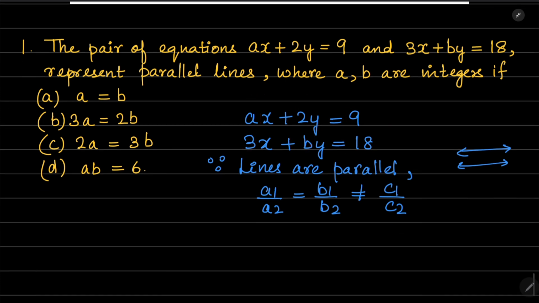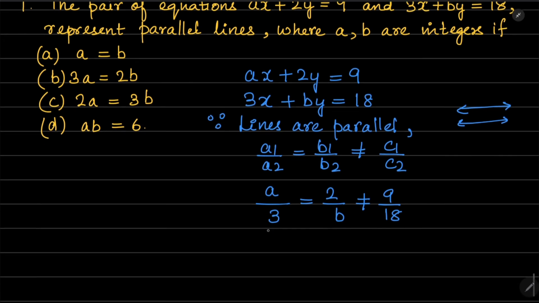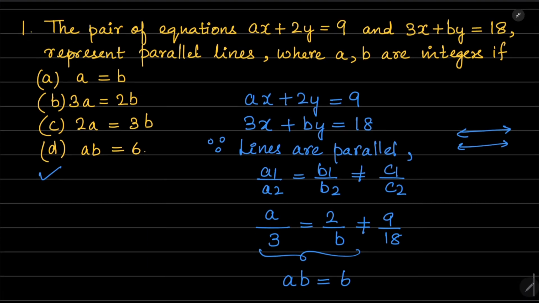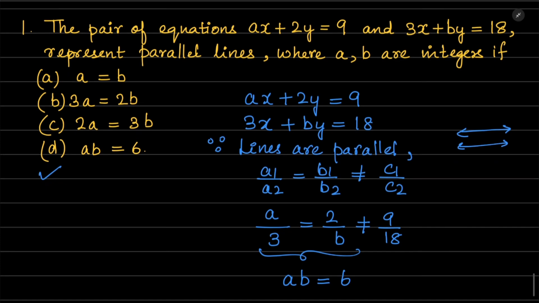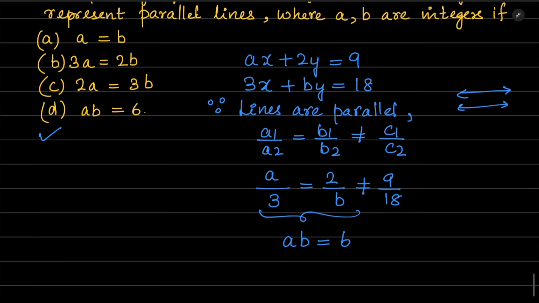Now let us substitute: a1 by a2 is a divided by 3, equal to 2 by b, but it is not equal to 9 by 18. So take the two ratios which are equal, cross multiply. What do you get? ab is equal to 6. So the correct option is option D. None of the other options would match. I hope you understood. This is what is asked in the question.